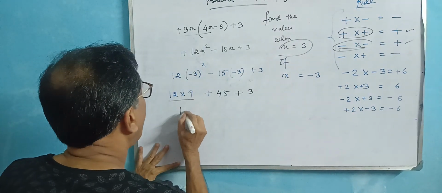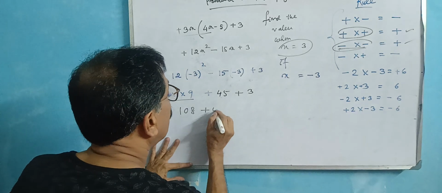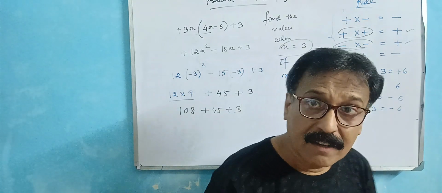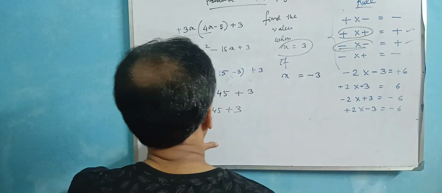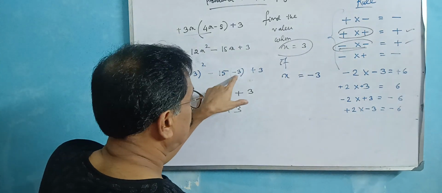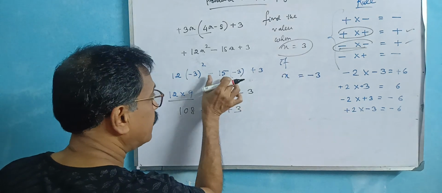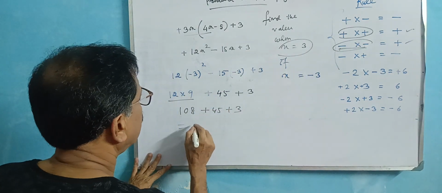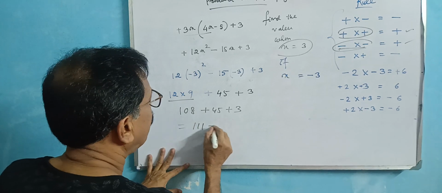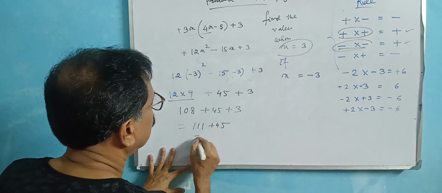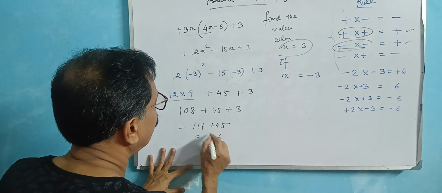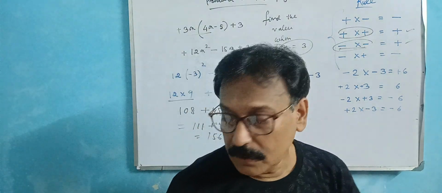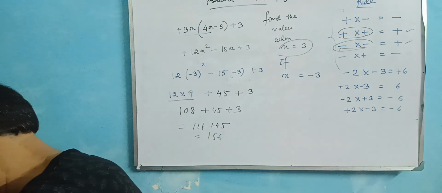Now this is 108, there is now the plus, and there is 3. Clear? In the previous sum, this was minus, because it was plus into minus. But here it is minus into minus. Now the answer is 111 plus 45, so this is 156.